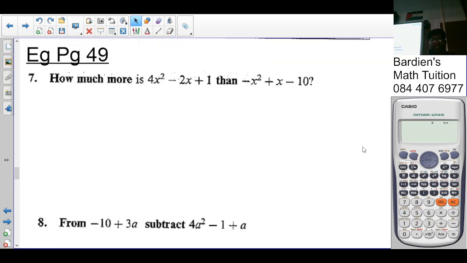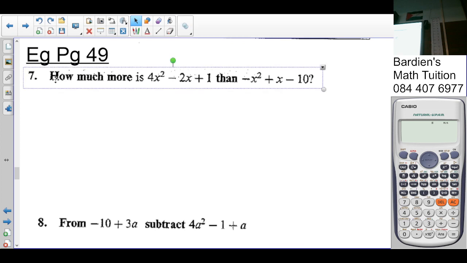So now we're looking at number 7. As I said, I'm going to do it, because I would like to show you a couple of sums dealing with substitution as well, so that we can conclude this exercise. In number 7, they want to know how much more is 4x squared minus 2x plus 1 than negative x squared plus x minus 10.